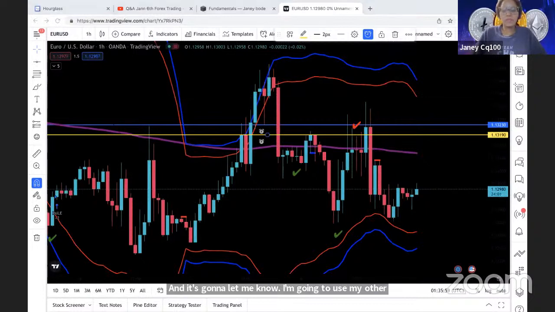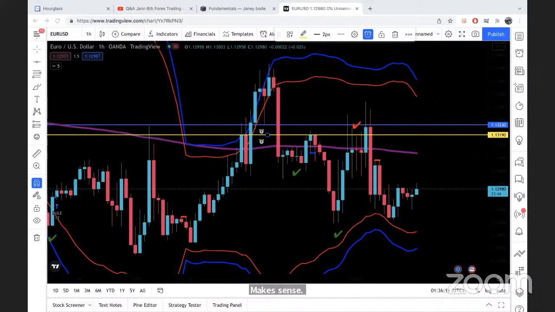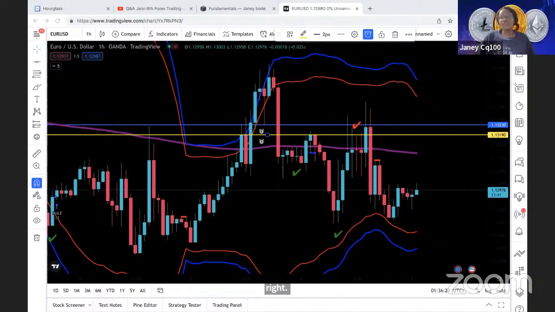Then I can come see if I can take that trade. Does that make sense? This is just an alert tool called TradingView.